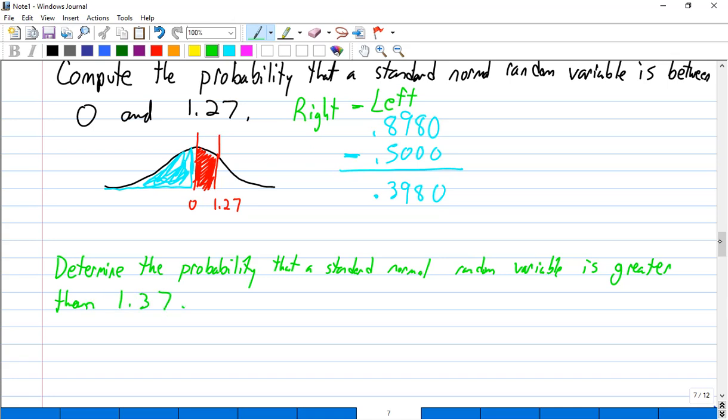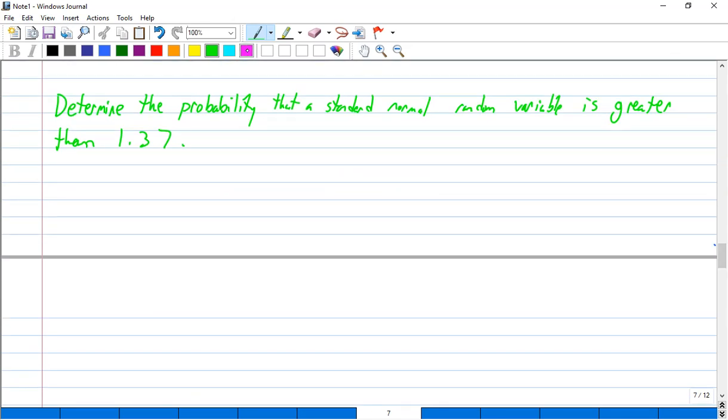All right, let's draw a picture. Let's sketch a bell-shaped curve. Right here in the middle, we know we have 0. With a standard normal distribution, remember the mean equals 0, standard deviation equals 1. So what that does with our z-scores is that makes our z equal to our x value, our random variable.